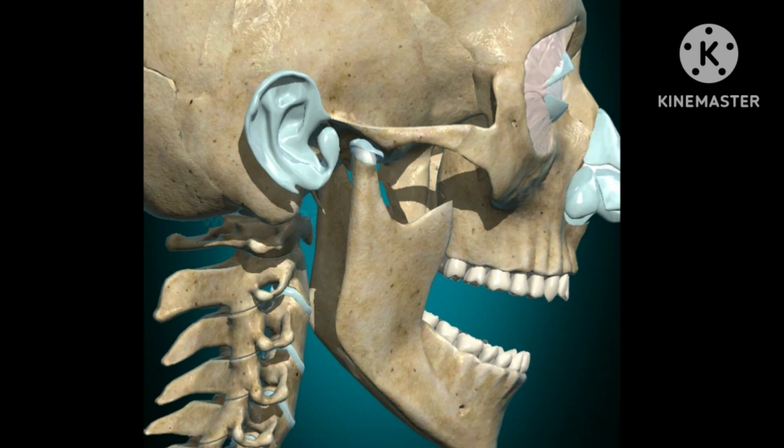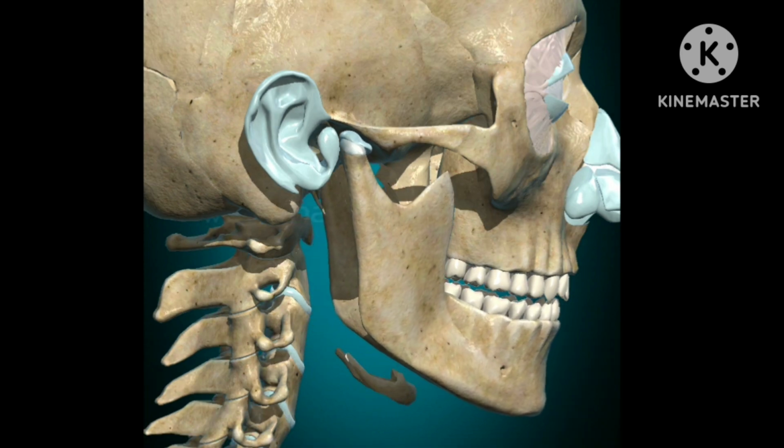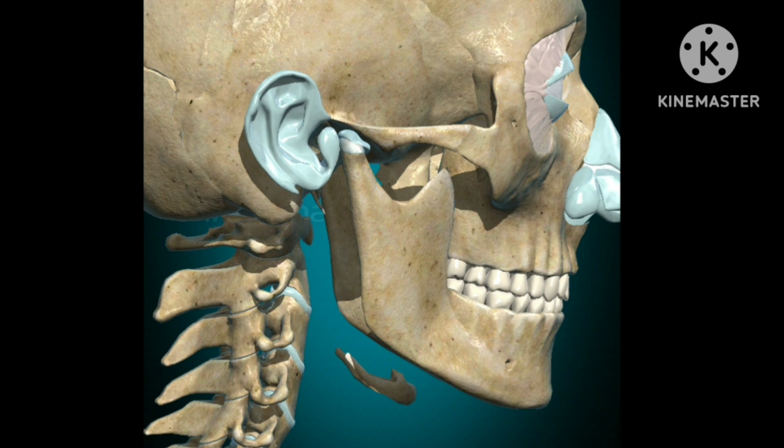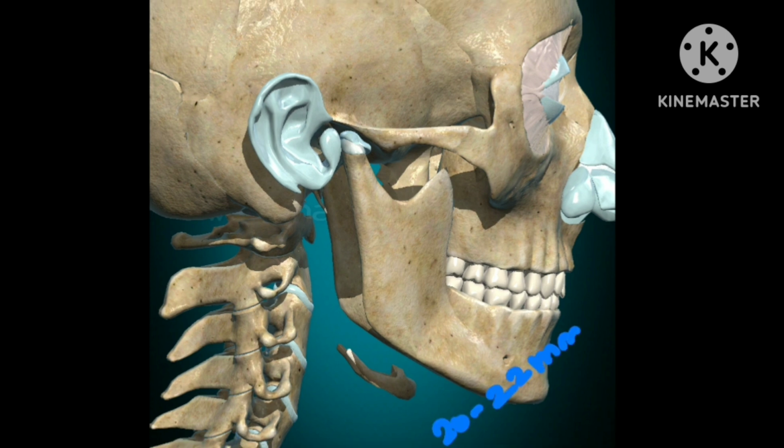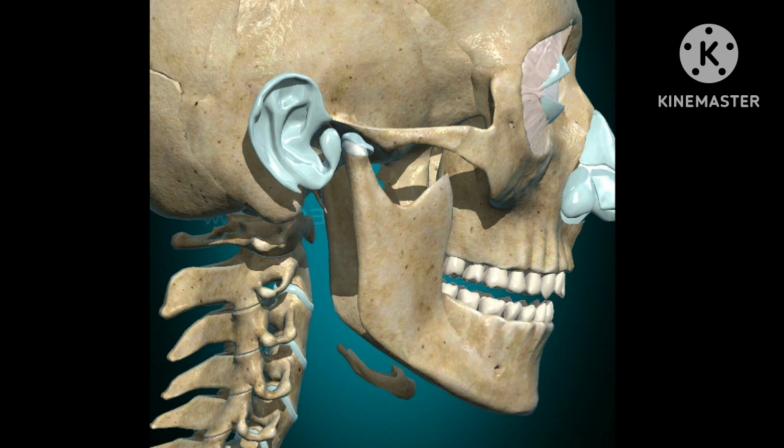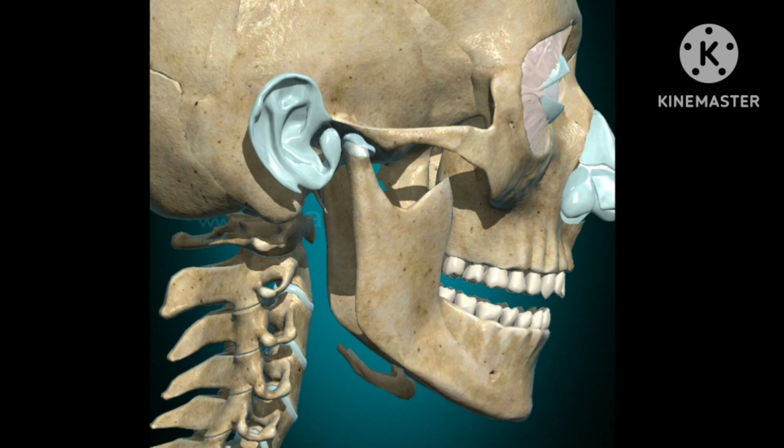Whenever the patient tries to open the mandible for about 20 to 22 mm, we can see only rotatory movement, which is within the glenoid fossa itself. The condyle is not moving outside the glenoid fossa. It is inside the glenoid fossa itself.